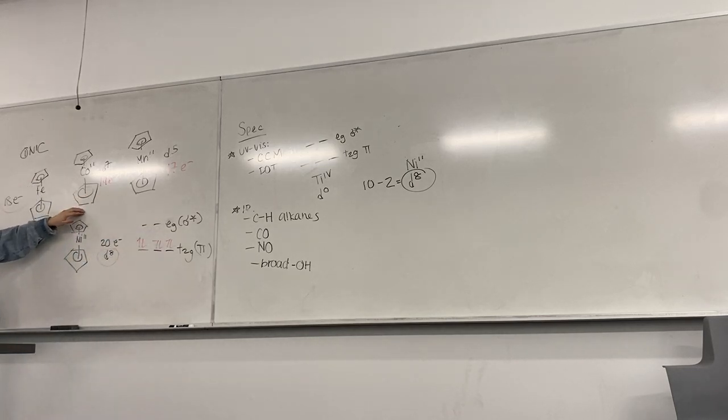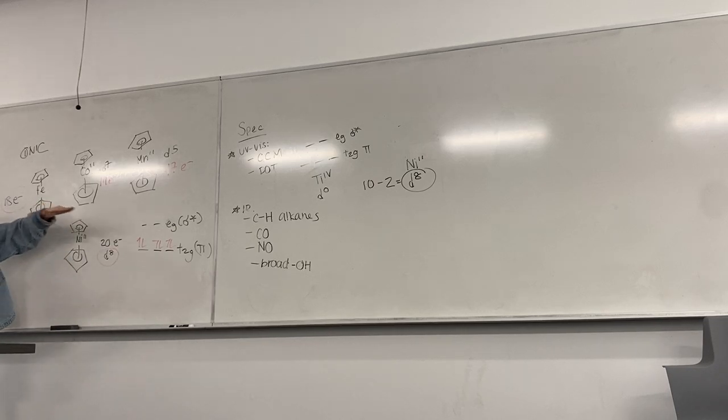So my question is, if you have cobaltocene and it's 19 electrons, does it want to give up an electron to be happy or take an electron to be happy? Give up. And is that oxidizing or reducing? It's being oxidized. If you're losing an electron, you are being oxidized, so you are reducing something else.